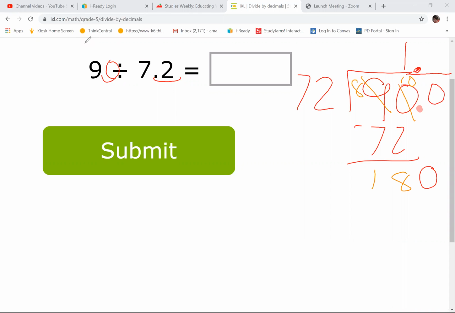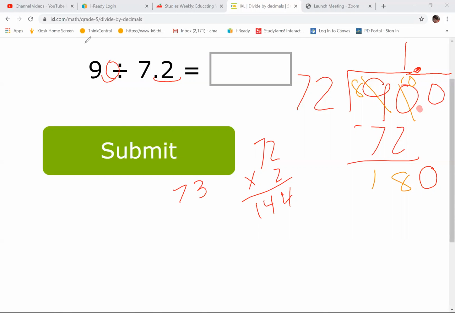It now says 180 divided by 72. Now I don't know about you, but I don't know my 72 times tables. So I'm going to try 72 times 2. See what I get. 2 times 2 is 4, and 2 times 7 is 14. 144.